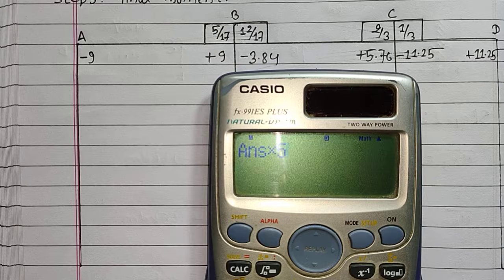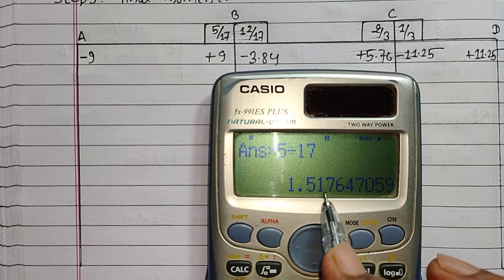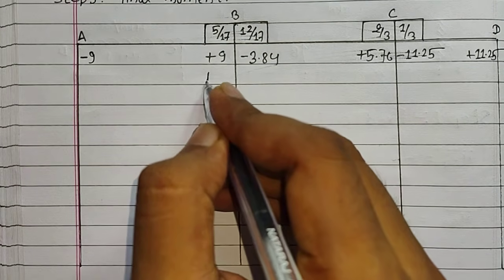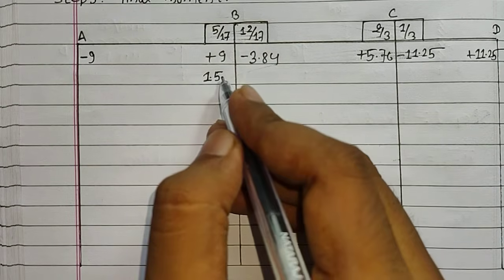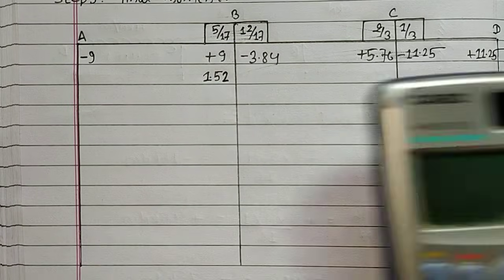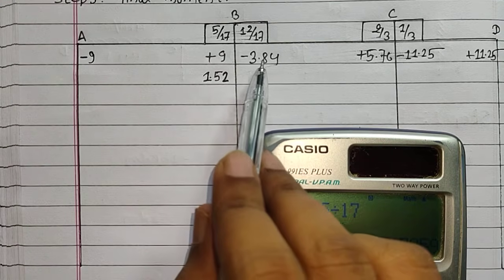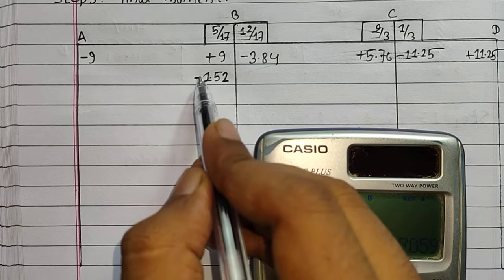So here we get 1.517, and on rounding off we will have 1.52. Now see here guys, on adding plus 9 and minus 3.84, we have got a positive value, so we will write the term in negative.